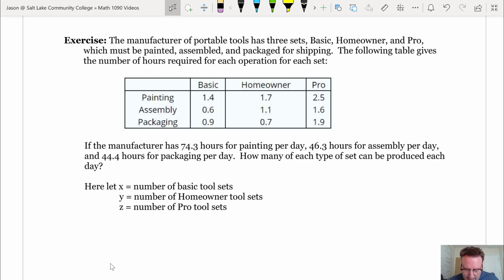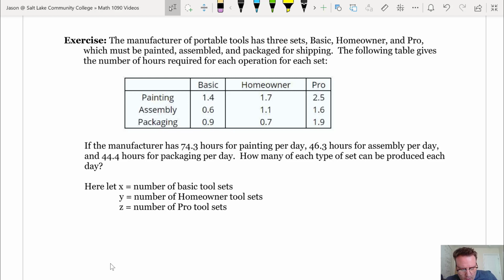Yeah, we've got Basic, Homeowner, and Pro tool sets. The basic set requires 1.4 hours of painting per set, 0.6 hours of assembly, and 0.9 hours of packaging, and then so on and so forth for the other two kinds of sets.